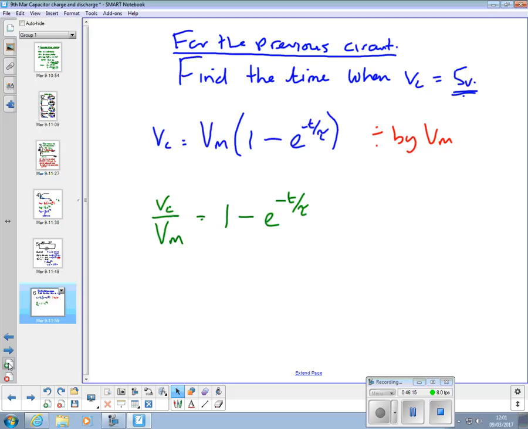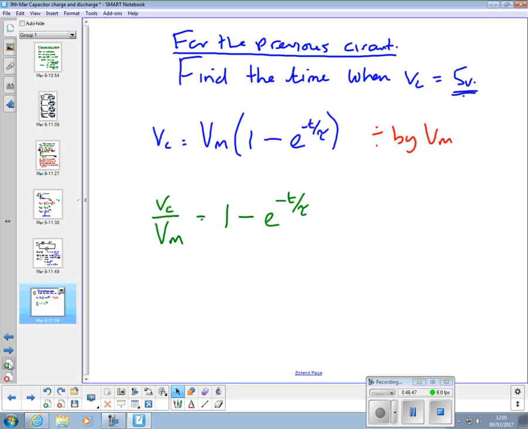You could subtract the 1. What would you be better doing and why? If you subtract 1, what's left on the right hand side? Minus e to the power of minus t over tau.